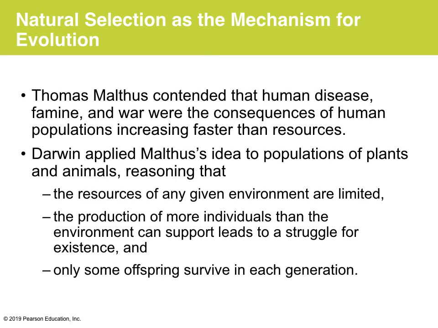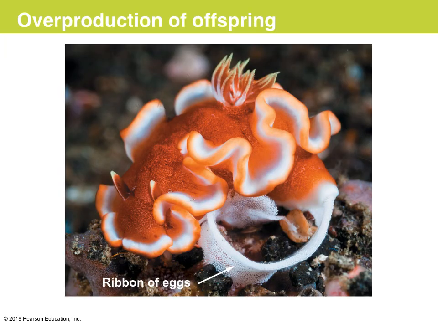And just to give you an example here, looking at this little mollusk, if you look at that white band down at the very bottom of the picture, you can see the tiny little dots. Each one of those dots is an egg. So you're probably looking at thousands of eggs being laid in this ribbon all together when she's done.